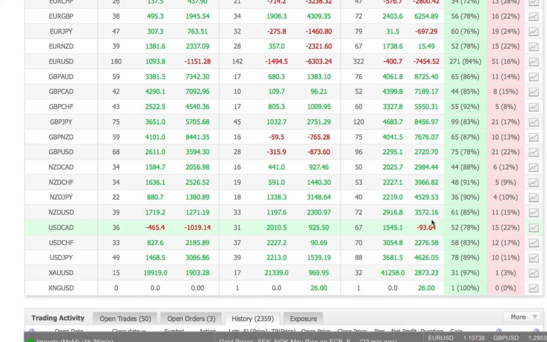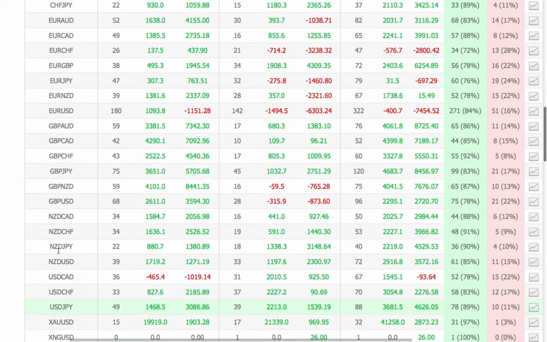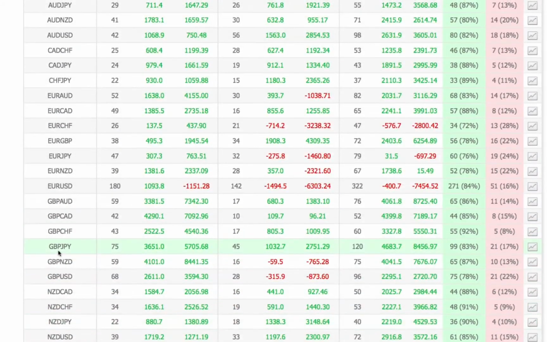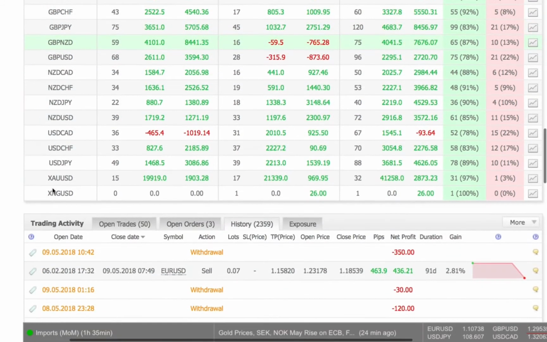So this is a small amount, even though the total figure is a loss. $4,600 from USD yen. Okay, so these are the total figures from individual currency pairs.